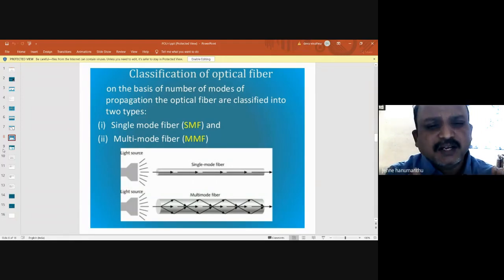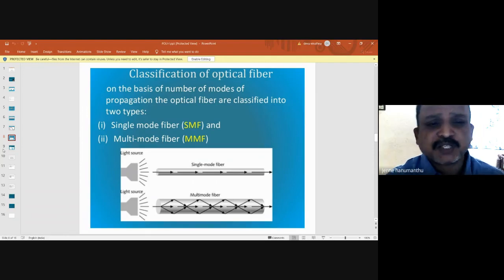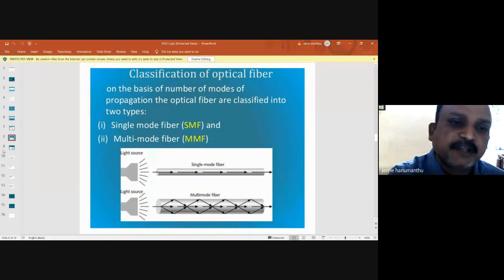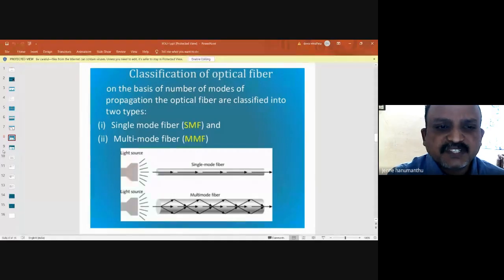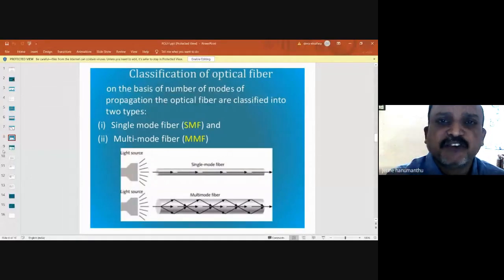So the multimode fibers may be useful for some purposes, but single mode fibers may be useful for other purposes. You select the optical fibers in such a way that the fiber is suitable for our purpose. Optical fibers in medicine, or optical fibers in endoscopies, we prefer single mode fibers.